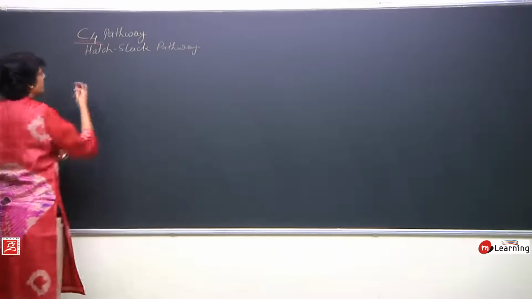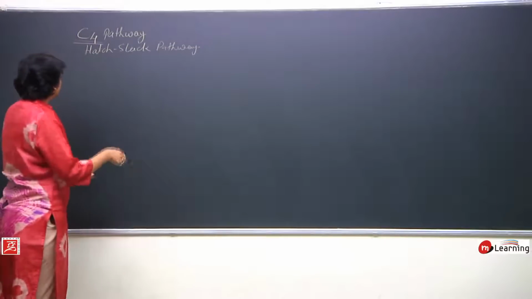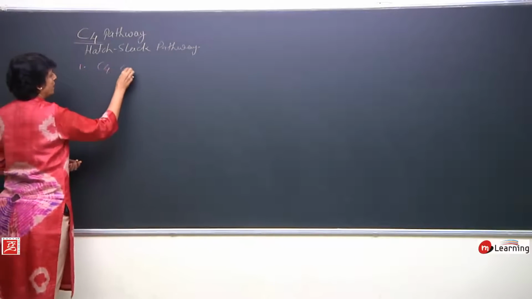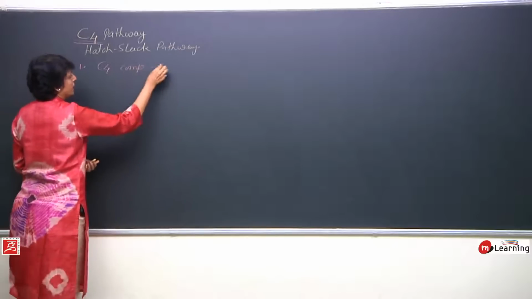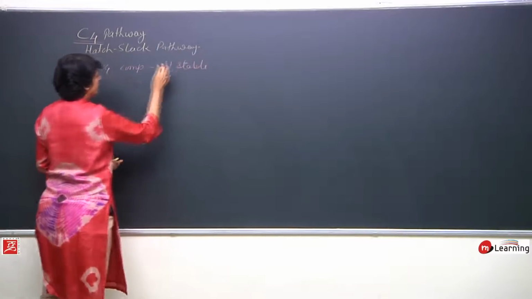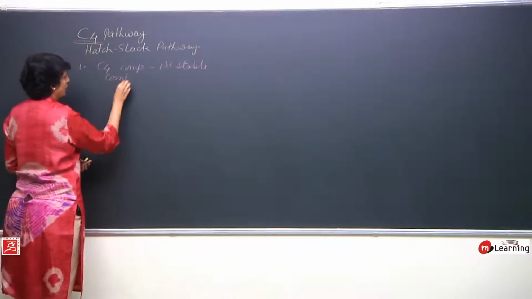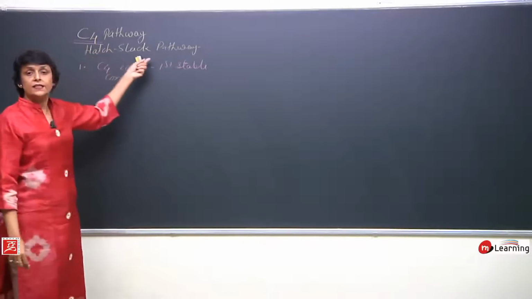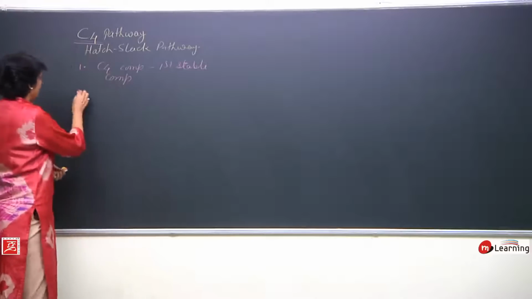Here it is known as C4 because the first stable compound is a C4 compound, and that's why it is known as the C4 cycle. Hatch-Slack, named after the scientists.